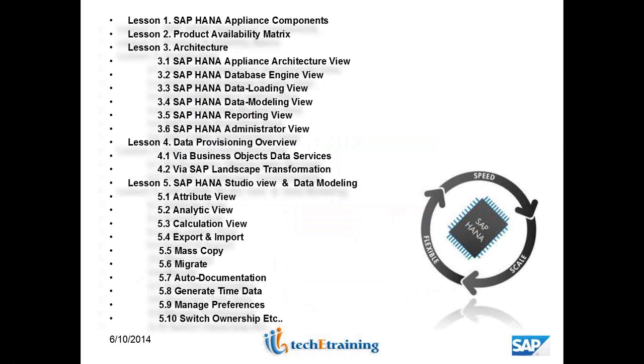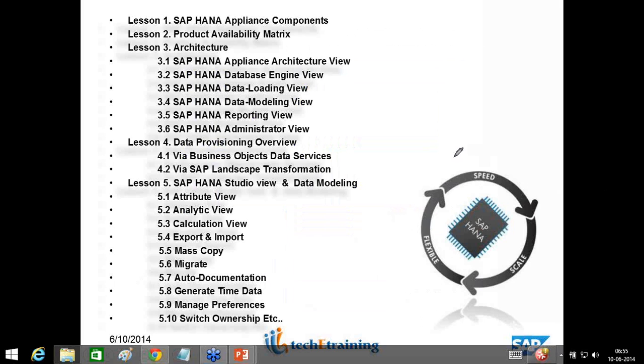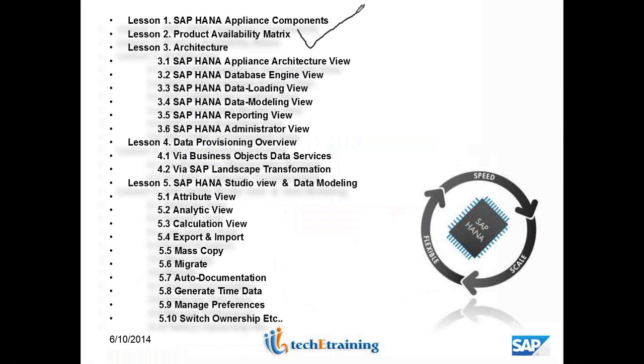So that is the first lesson. Then the second lesson is on the PAM, the product availability matrix. This particular lesson number 2 will tell us who are the providers of the appliance of HANA. So we have IBM, HP, Fujitsu, Cisco, Hitachi, NEC, and VMware. These are the hardware vendors who provide the appliance of HANA.